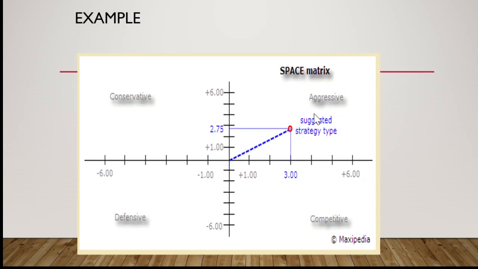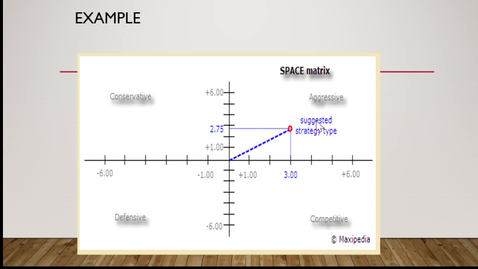So, andito ngayon tayo, based on our analysis, or yung sa binigay natin variables and values, average and total score, we fall under the aggressive quadrant. So, this tells us that our company should pursue an aggressive strategy.